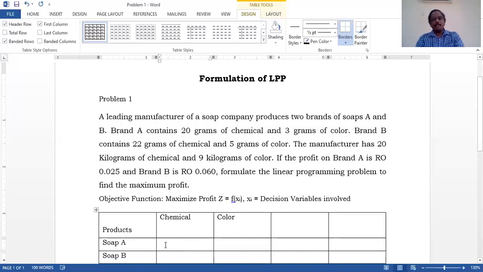When I check soap A, it requires 20 grams of chemical and 3 grams of color. I am just reading the problem and converting it into a table for my comfort. When I check soap B, it requires 22 grams of chemical and 5 grams of color. So I am going to take all the information given into the table.